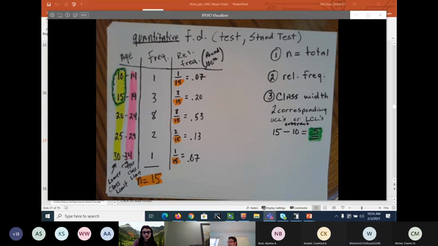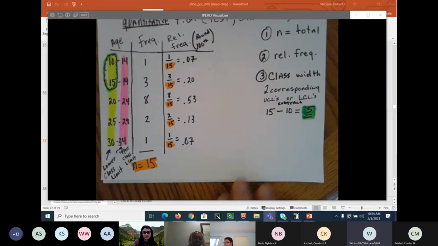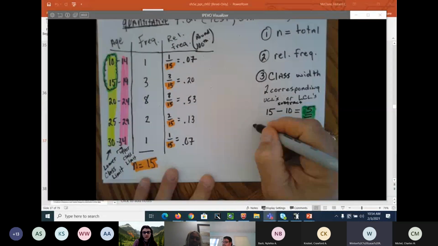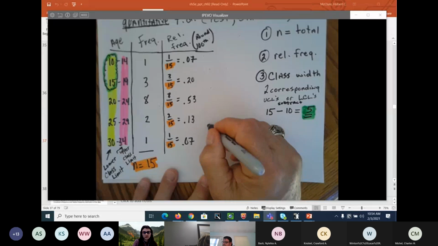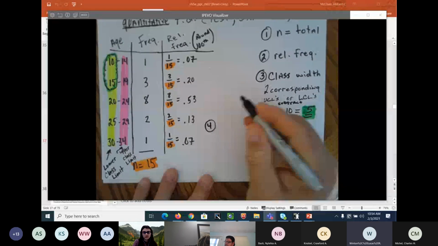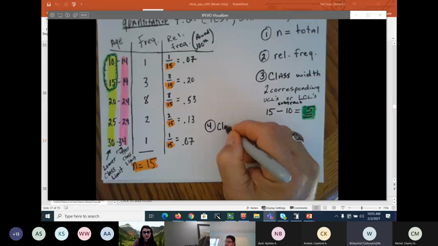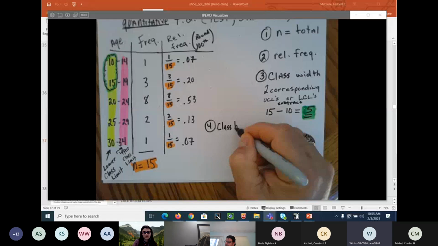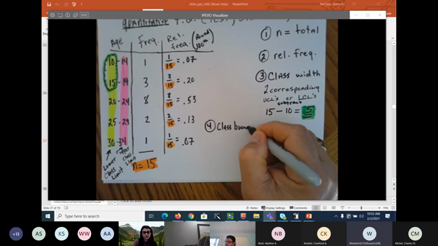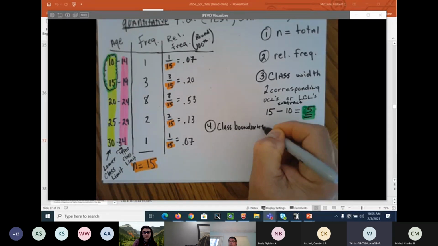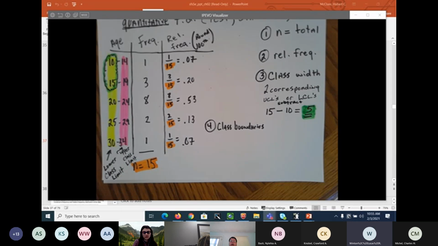Number 4, you want to find your class boundaries. I'm going to put 4 out here because I'm going to need some room. Class boundaries. How do you find your class boundaries? Well, first of all, there's a rule that you have to follow before you do the class boundary.